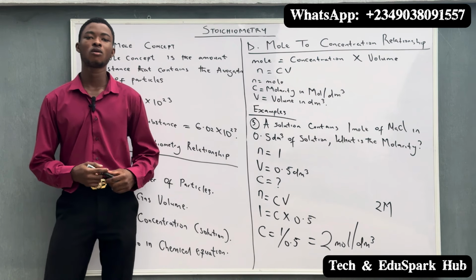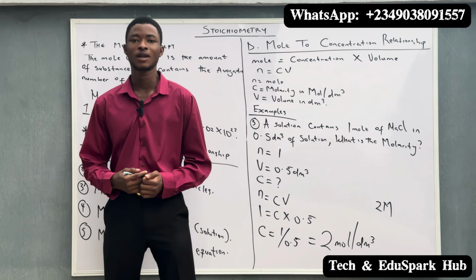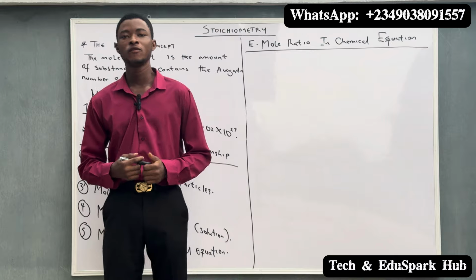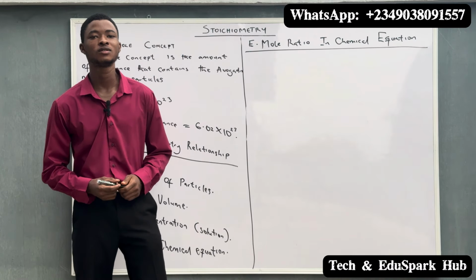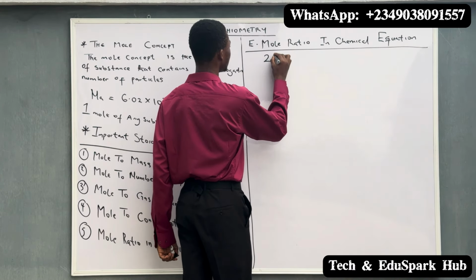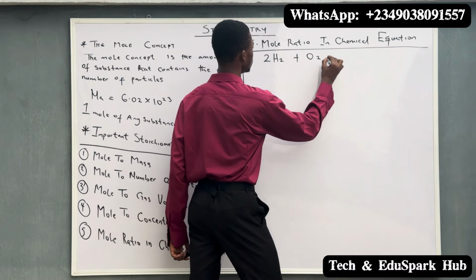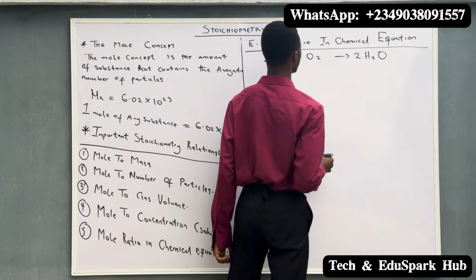So this will be all on the mole to concentration relationship. Let's look at our last subtopic, which is the mole ratio in a chemical equation. Let's say we have this chemical equation of reaction between hydrogen and oxygen to form water. So we have 2H2 plus O2 to give 2H2O.